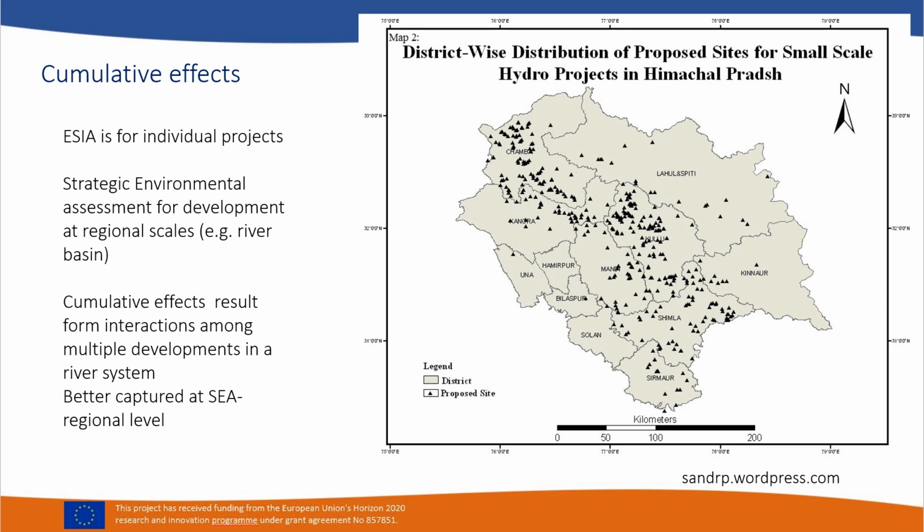A better tool for that is the strategic environmental assessment that could look at this whole basin or region and then assess, for instance, how many rivers are there, how many have been transformed by hydropower projects, and how is that affecting at the regional level the quality of water or the integrity of river systems.